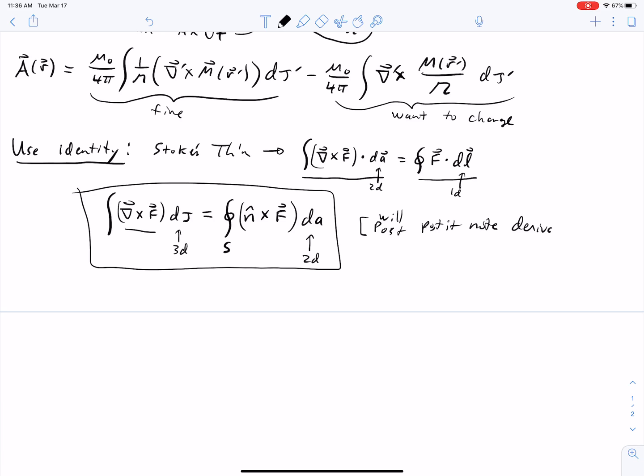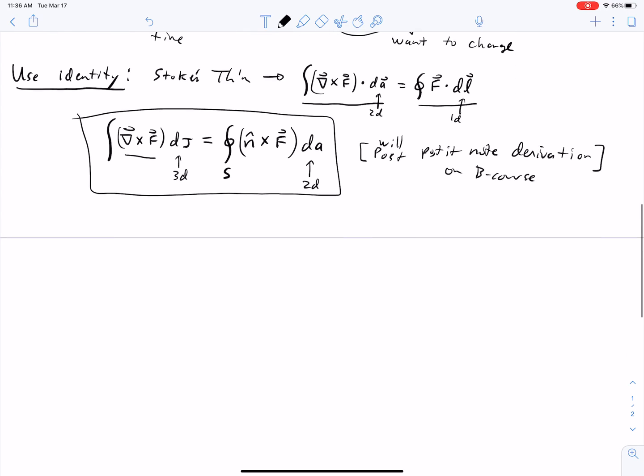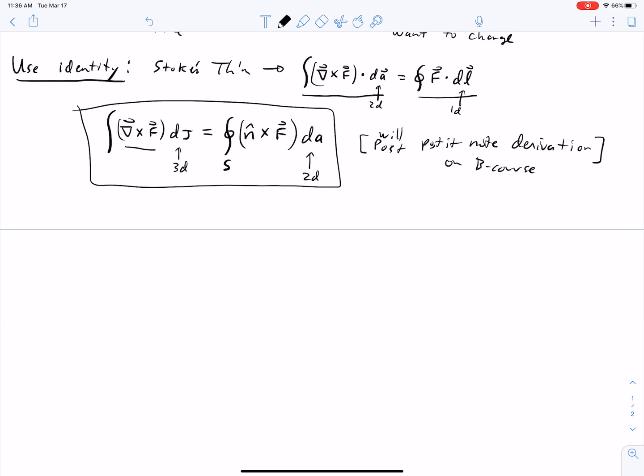I think I will give it to G1 and have him post it somehow on bCourses. So if you really want to know the derivation of this, you can look up the Post-it note that my postdoc made years ago, which I never threw out.